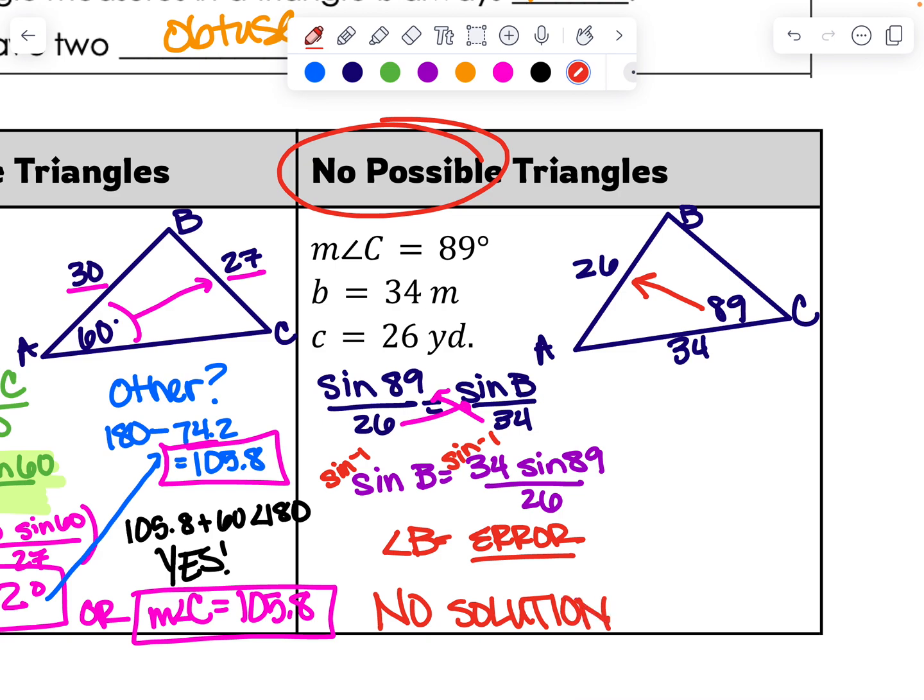What also happens is if you find what this fraction is as a decimal, that 34 sine 89, that gives me a decimal of 1.307, which is not possible. I can't take the inverse sine of a value greater than 1.